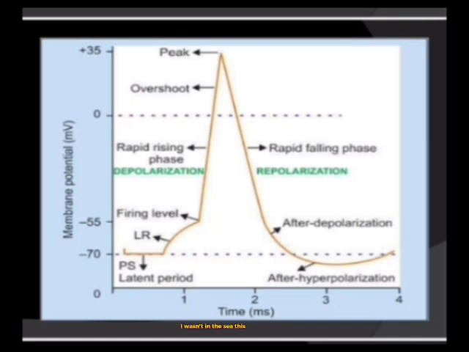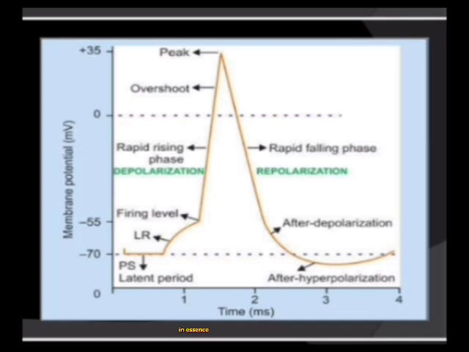So I was saying the next stage is hyperpolarization. Once repolarization is complete and the cell has returned to its normal resting membrane potential of minus 75, if repolarization overshoots its mark of minus 75 millivolts, it simply means that more potassium ions are leaving the cell.